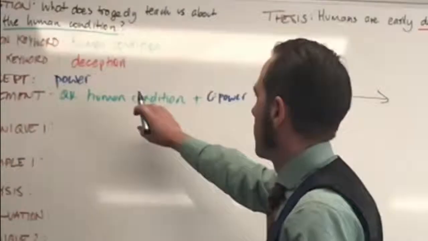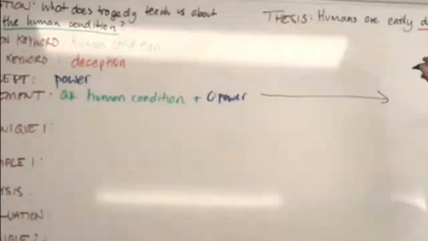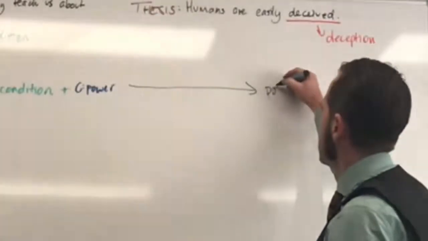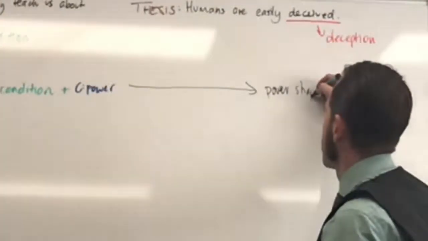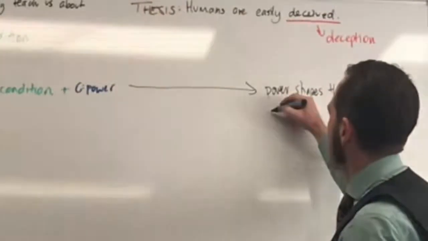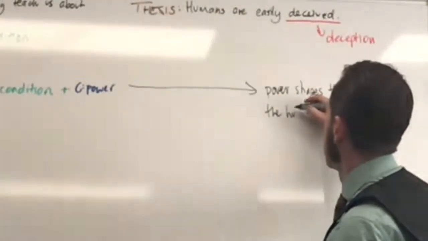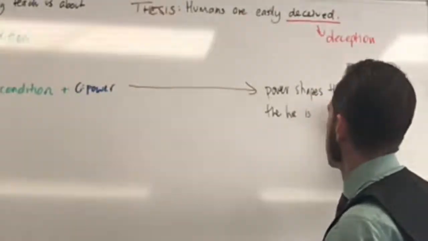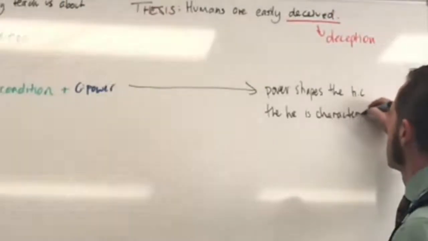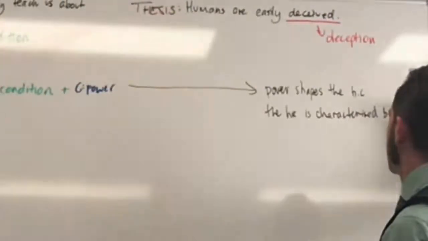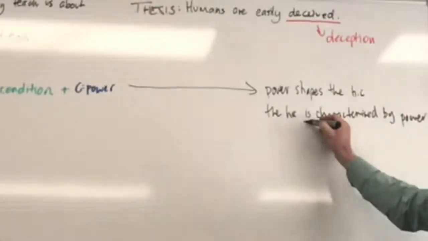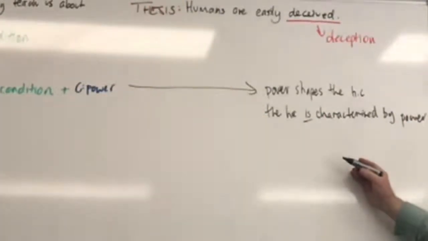Alright, so maybe I'm going to have human condition, power. Power shapes the human condition. The human condition is characterized by power. Now I'm going, that's not a very good one because I haven't really used a very strong verb there.